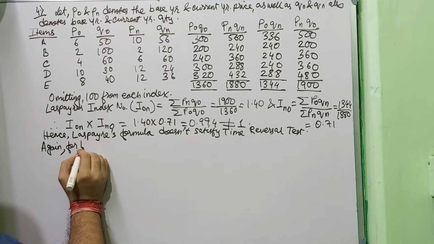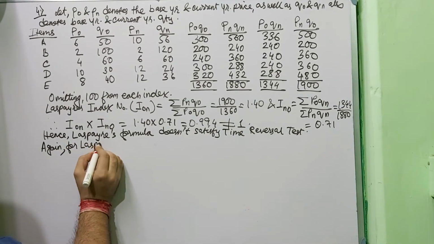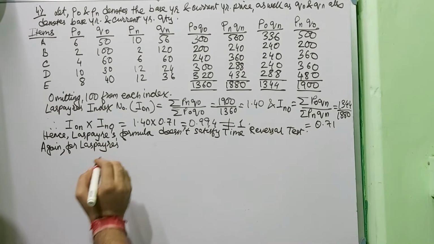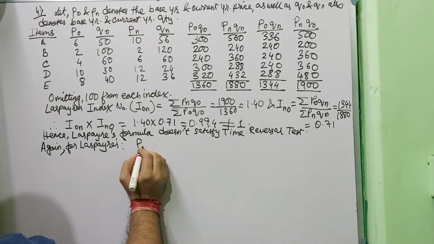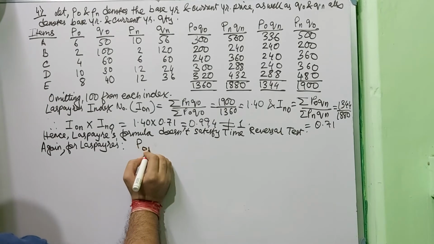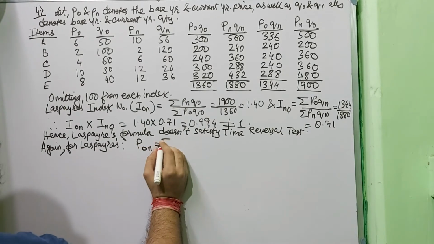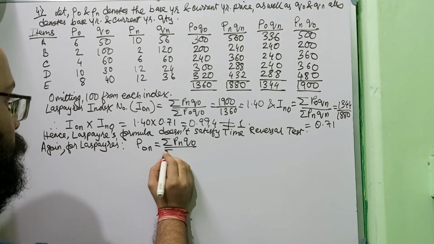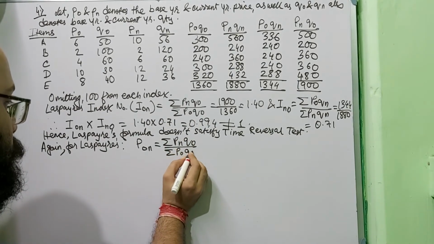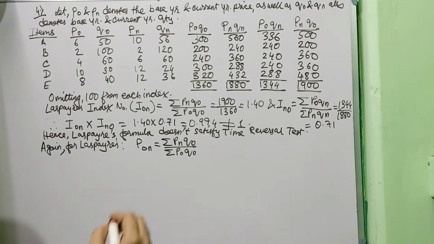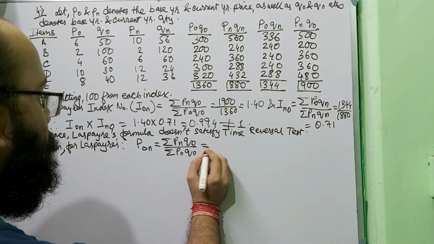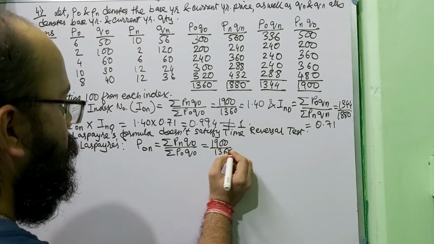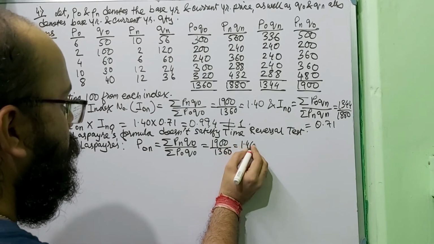for Laspeyres, P0n is equal to summation PnQ0 by summation P0Q0, which is the same, 1900 by 1360, equal to 1.40.